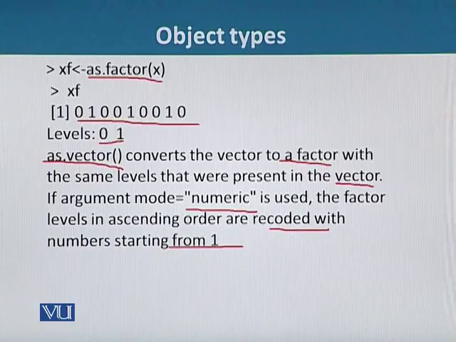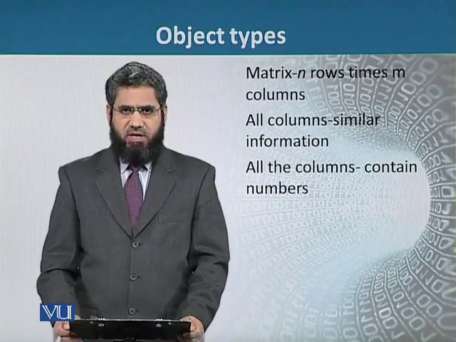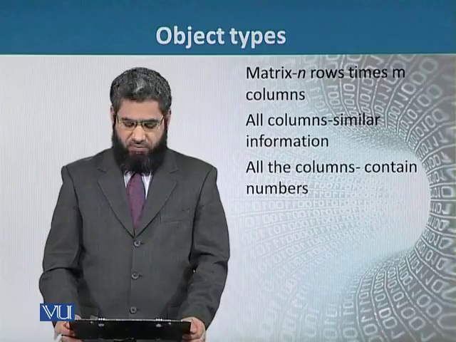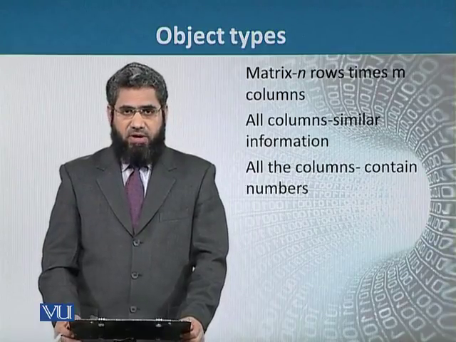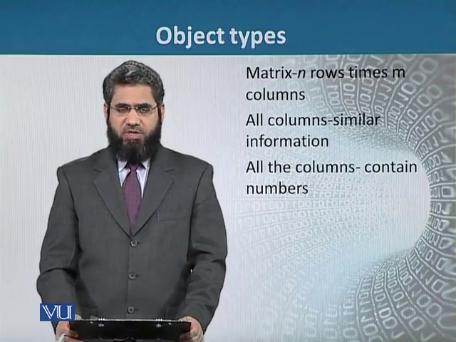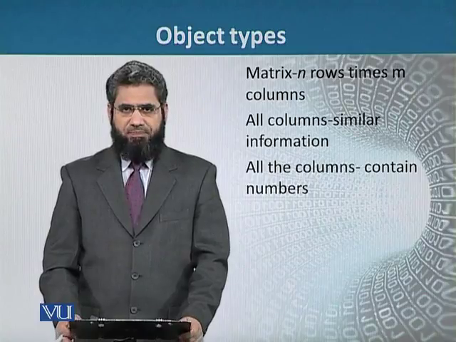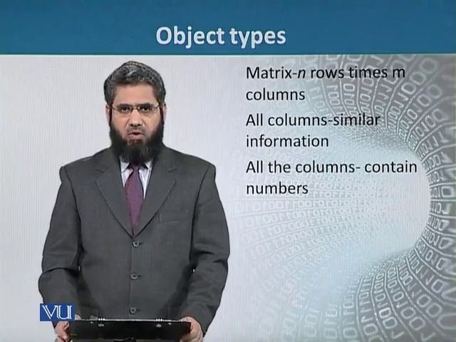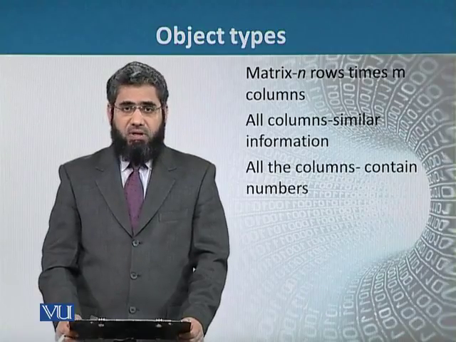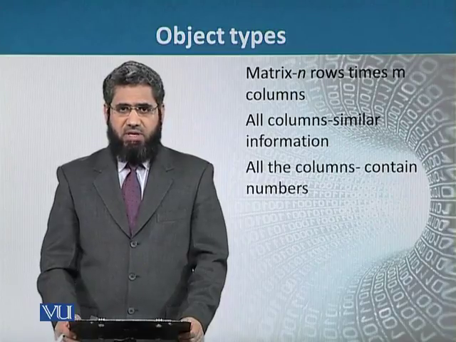Another type of object is a matrix, and a matrix is a type of table in which there are n rows times m columns. In a matrix, all the columns should have the same type of information. It means if the columns have numbers, then all columns should be all numbers. In a matrix, a mix of columns and numbers cannot be used.